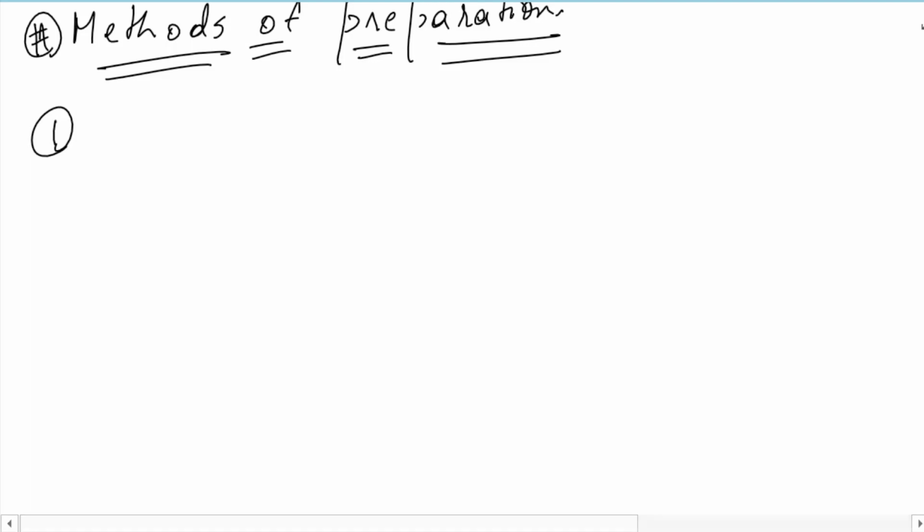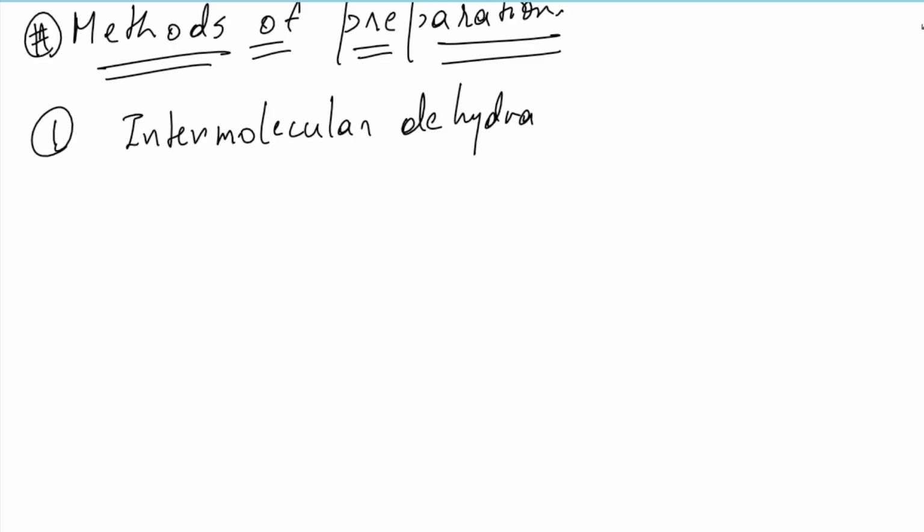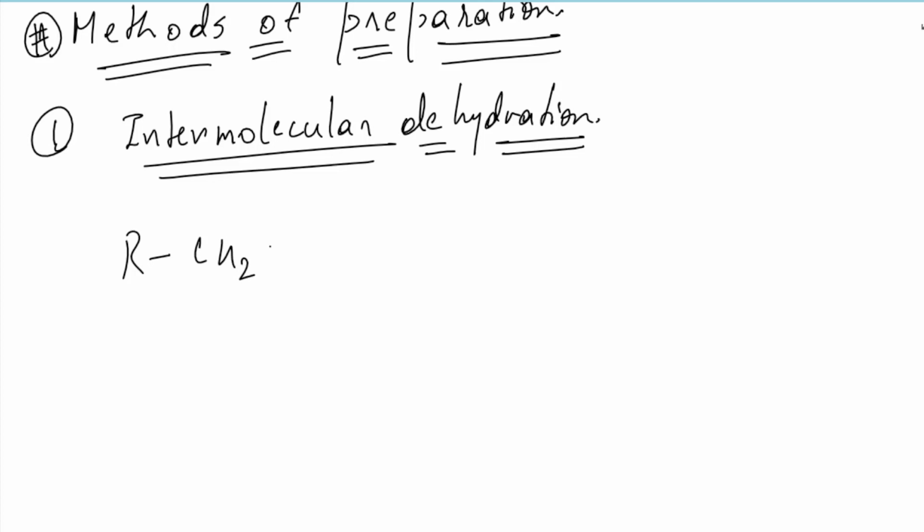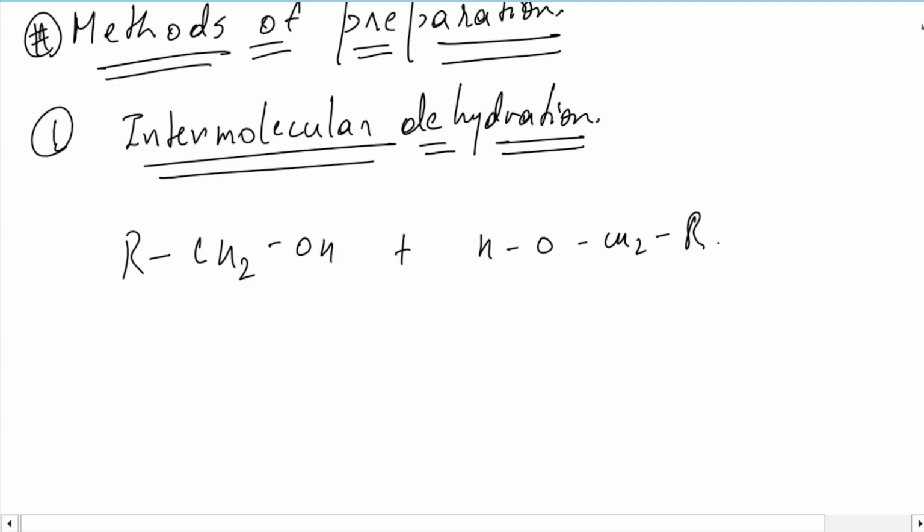Okay, so the first thing is intermolecular dehydration. What is intermolecular dehydration? It's between two molecules of the same kind. That's known as intermolecular dehydration.